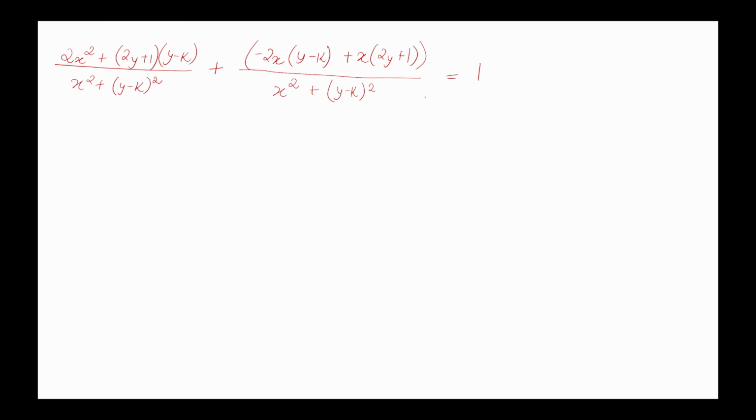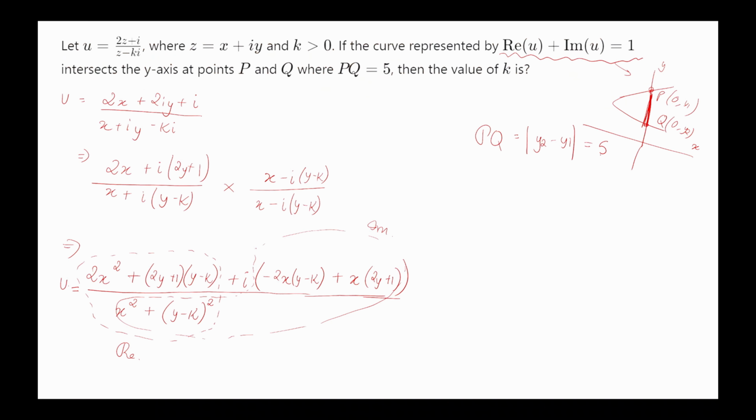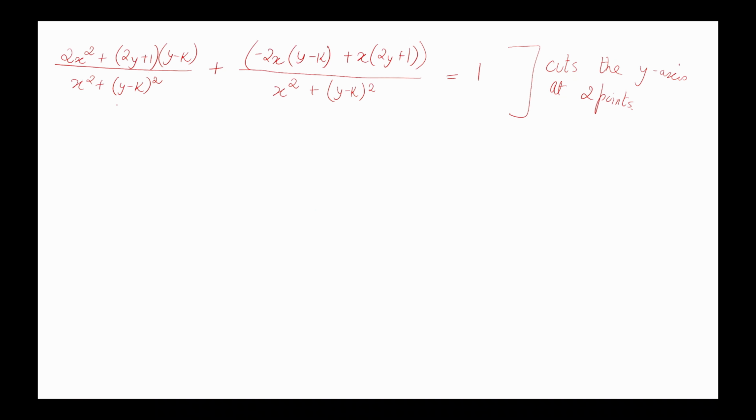Now what they've told us is that this curve that we've gotten just now cuts the y-axis at 2 points. That means if it is cutting the y-axis at 2 points, for those 2 points, what is my x coordinate going to be? My x coordinate would be 0. So let me simply put x as 0 in this equation and find out my values of y.